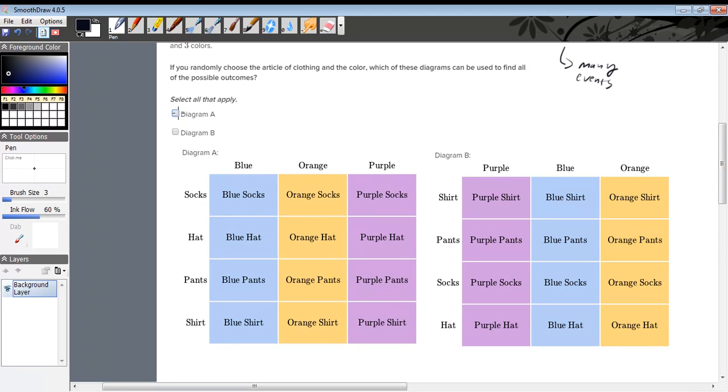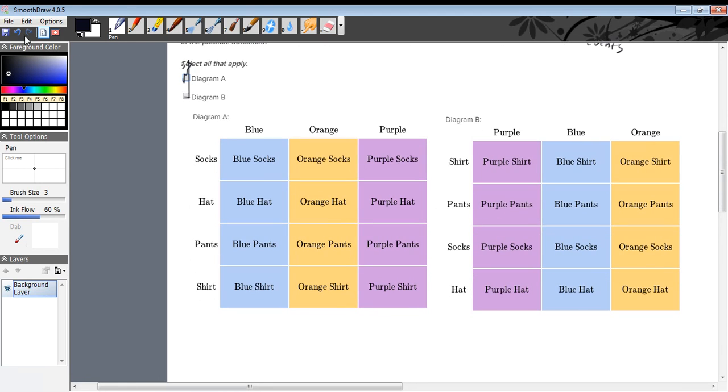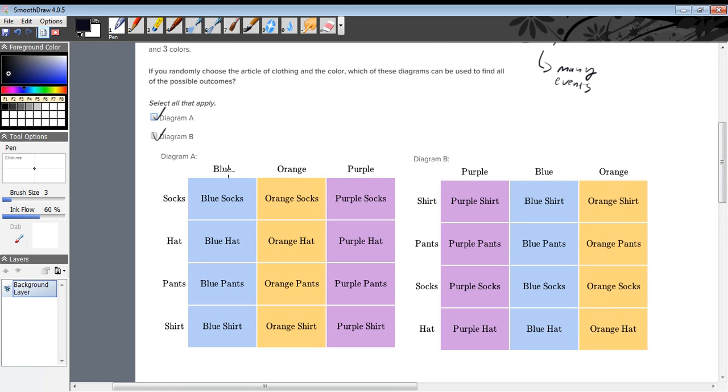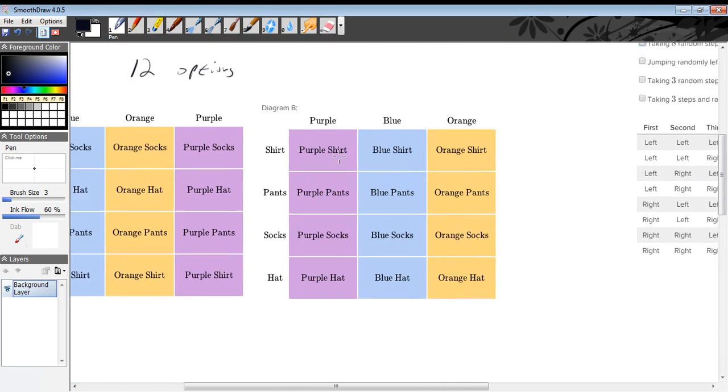So this one here, it's both diagram A and diagram B. If there's 3 colors and 4 items, you can just multiply them together, and there's going to be a total of 12 different options. So both would be correct here in this case.